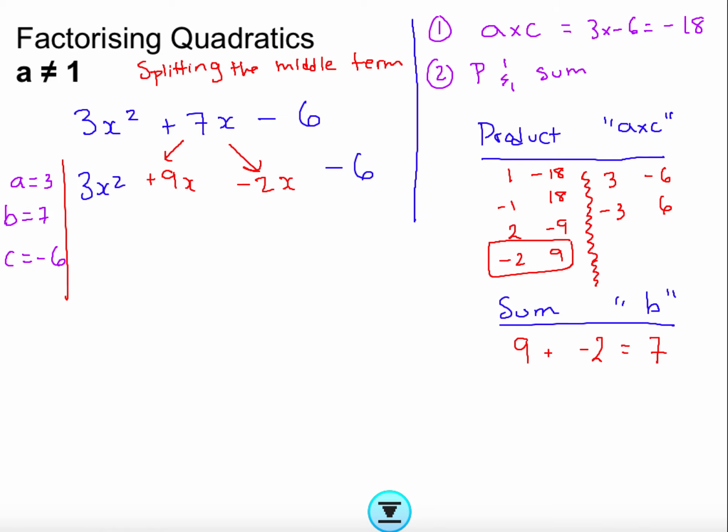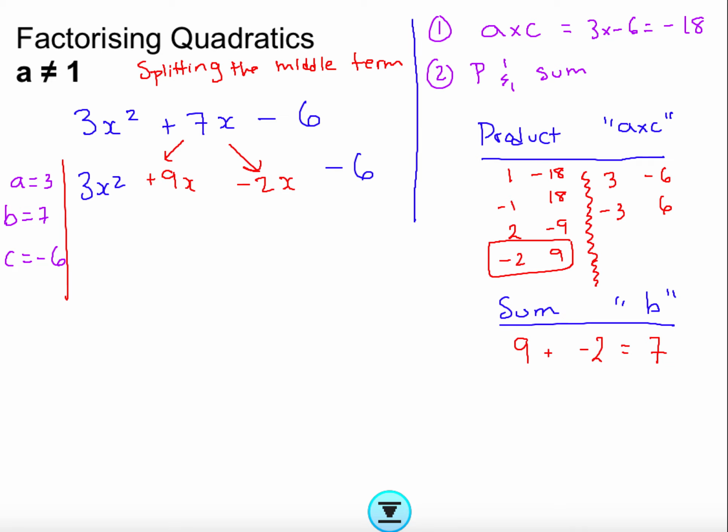And what you're going to do now, after splitting the middle term, is factorize in pairs. Basically, this is factorizing in groups or factorizing in pairs.